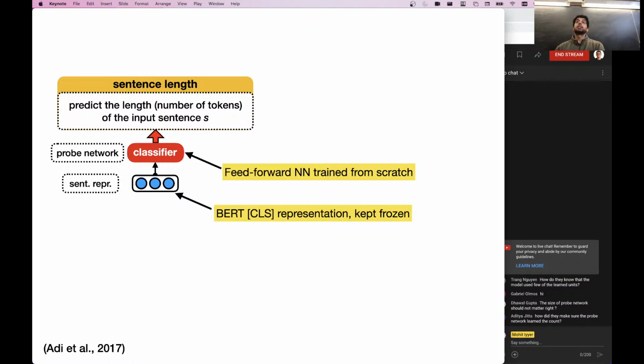So you might have a classifier that predicts the tense of the main verb in the sentence, and you have to produce those labels yourself. So maybe you manually annotate whether this is in the past tense, present tense, or future tense, or maybe you acquire that automatically from some sort of parser.